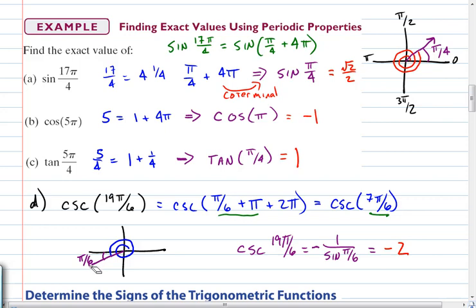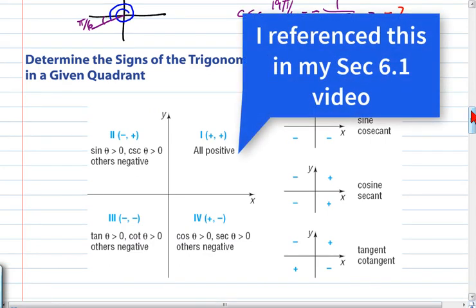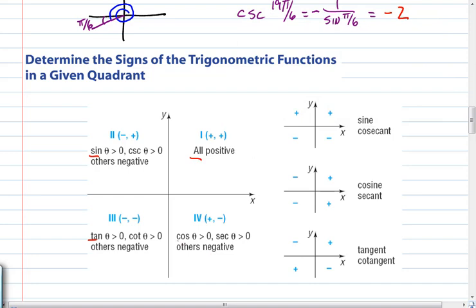Negative because it's in quadrant 3, and sine and cosecant are negative in quadrant 3. Tangent and cotangent are positive in quadrant 3. I'm tying everything together that we just went over: reference angles, trig, signs. And here's the fancy chart I was talking about. All Students Take Calculus. So I was just one section ahead.